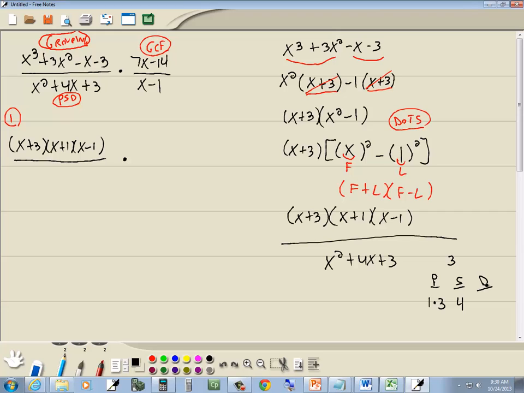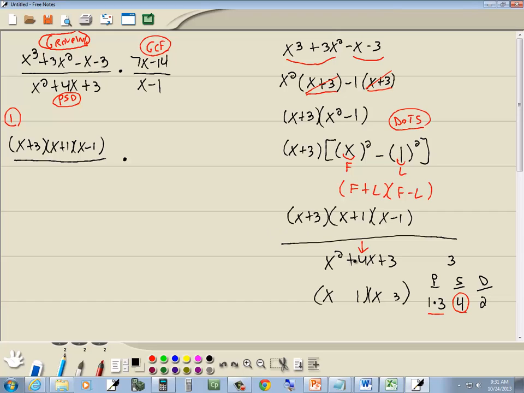The D stands for difference. We subtract smaller from larger. 3 minus 1 is 2. Now the number we're looking for is the number in our middle term, which is a 4, which is right here, which means I'm going to use 1 and 3. So we've got x, 1, x, and 3. Now our larger number in the P column that we're using, which is a 3, will always be the same sign as the middle term.